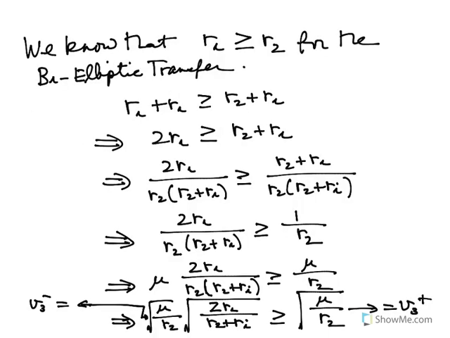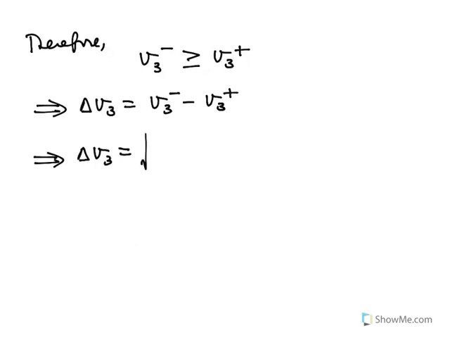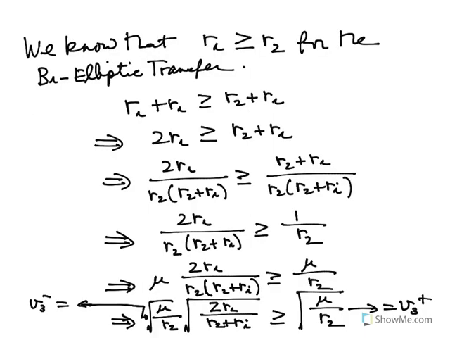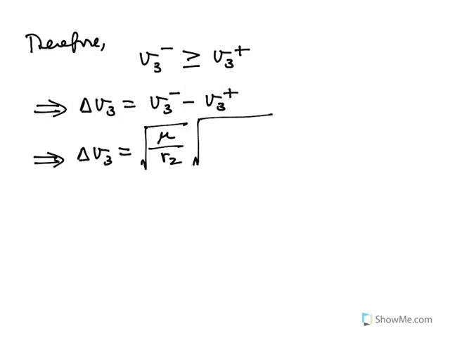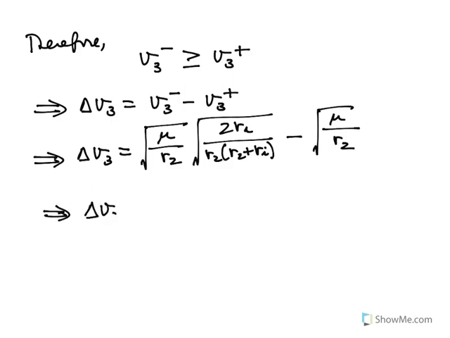We can just do it now, which is it's equal to the square root of mu over R2 times the square root of 2Ri all divided by R2 times R2 plus Ri, minus the square root of mu all divided by R2.